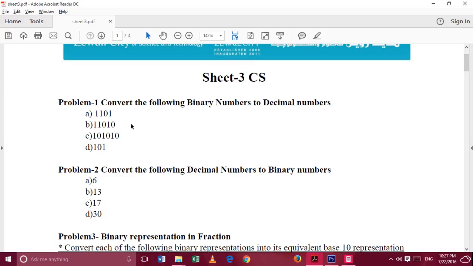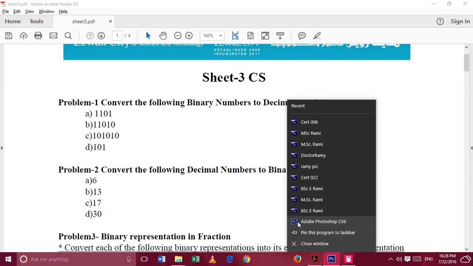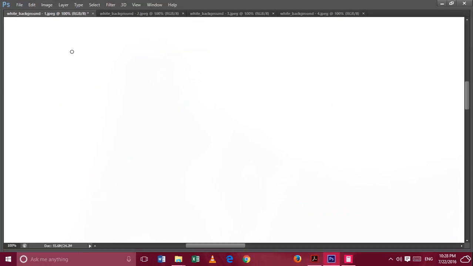So the first question here is to convert this number to a decimal number, and we've talked about this before. Let's take this number for example, which is 10 10 10.